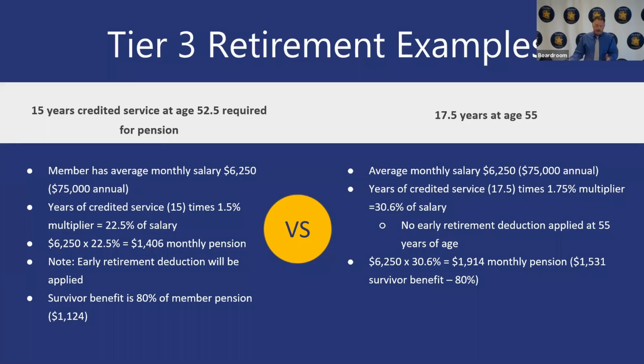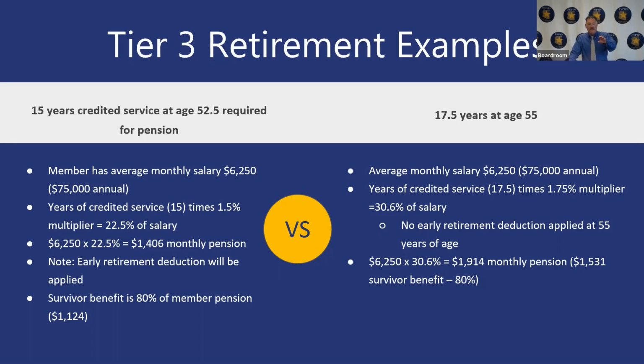So an example, kind of some simple math here. I've got a Tier 3 retirement example, 15 years of credited service at age 52 and a half. So that member has an average monthly salary of $6,250 or $75,000 a year. They had 15 years of credited service. Now in Tier 3, there's a graded multiplier.